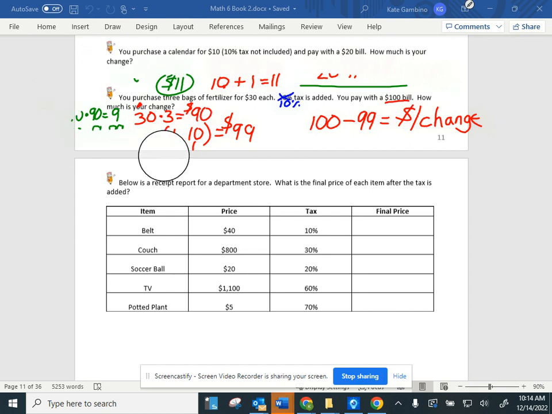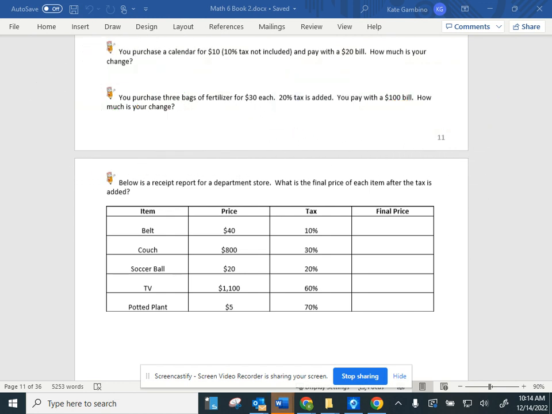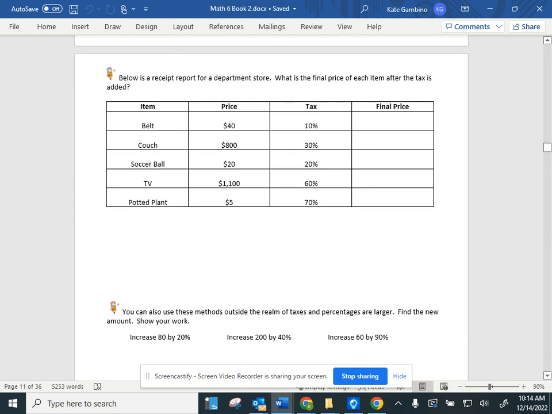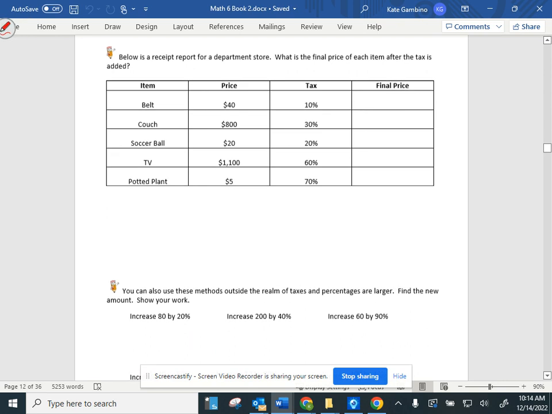Think about when we were correcting this last objective. I showed my work right in the box. So if our price is $40 and it was 10%, if you do the second method, you can show your calculations, what you're putting in, right in the box there. If you're doing the first method, you have all this space down below.